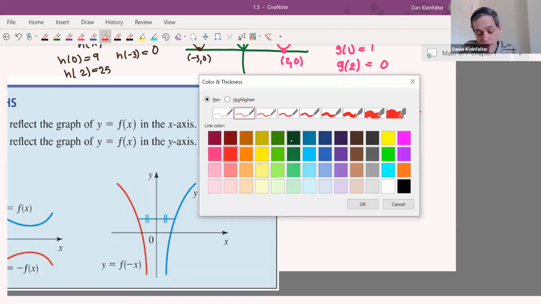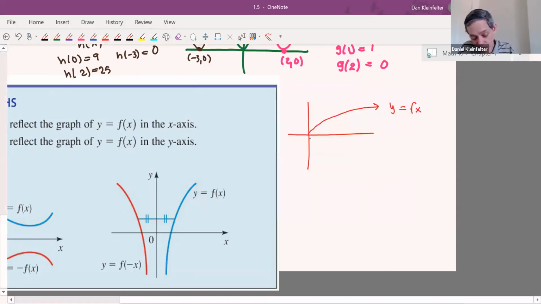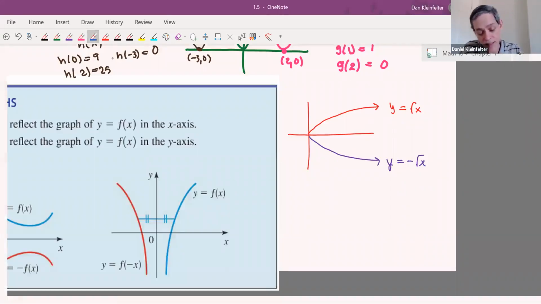All those y values are positive. But if we keep the same x and turn all the y's negative, then we're going to have the graph of y equals minus the square root of x. That reflects the graph across the x-axis, okay?